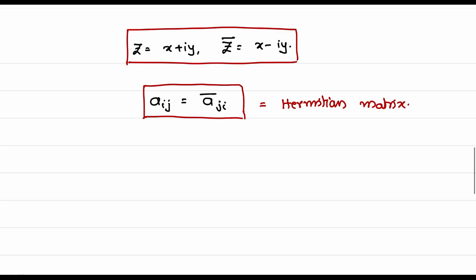And Aij is equal to Aji, both being complex matrices, represents a complex symmetric matrix.